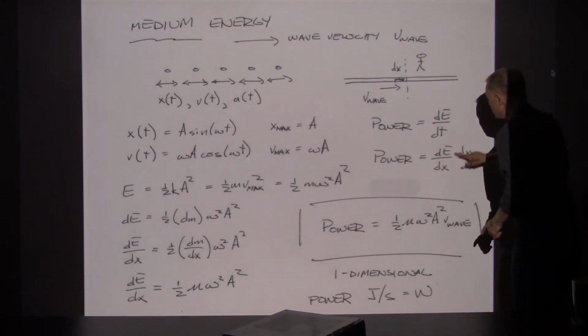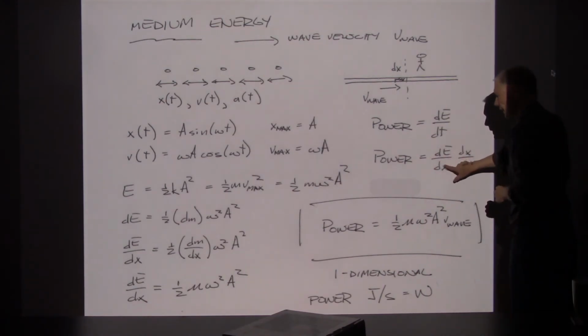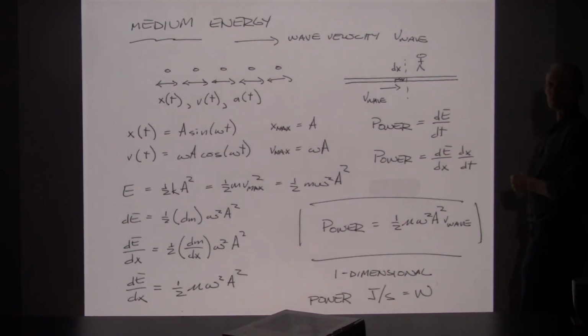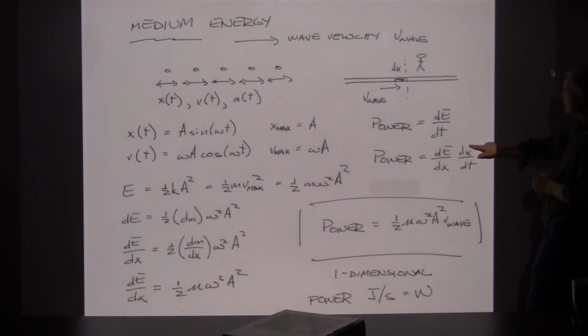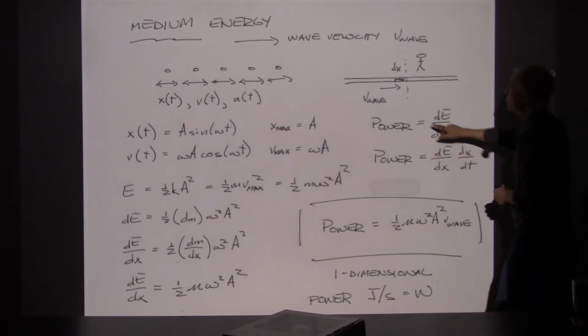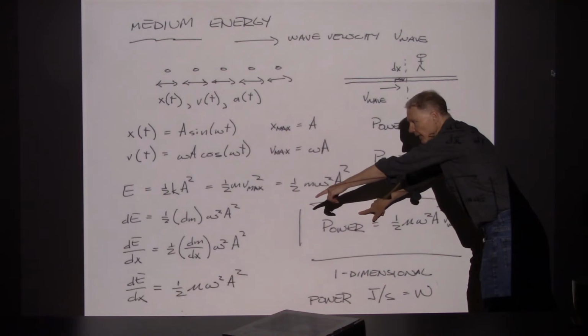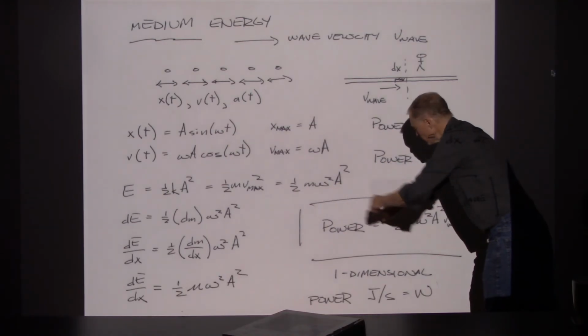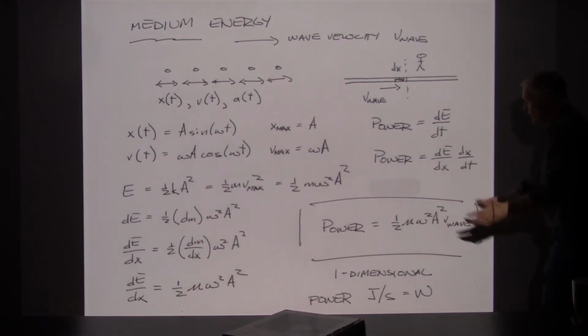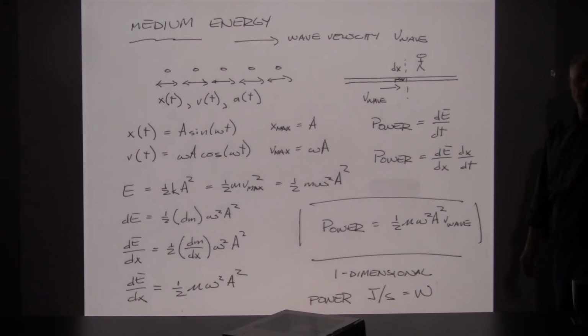And this dE/dx, that's the energy per length, which we calculated. dx/dt is the wave speed. So during a time interval dt, the energy shifts by a distance dx. That's the wave speed. So this is the wave speed. The power then comes from taking that energy per length and multiplying by the wave speed, and there's our formula.